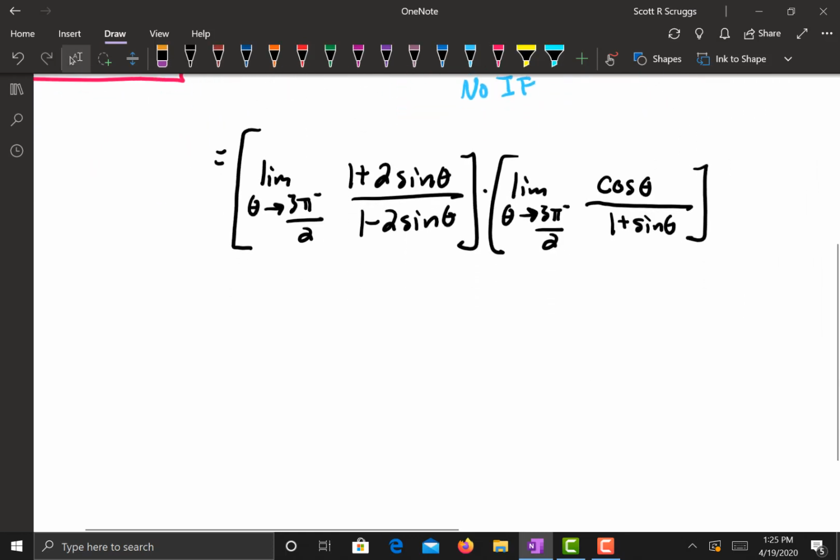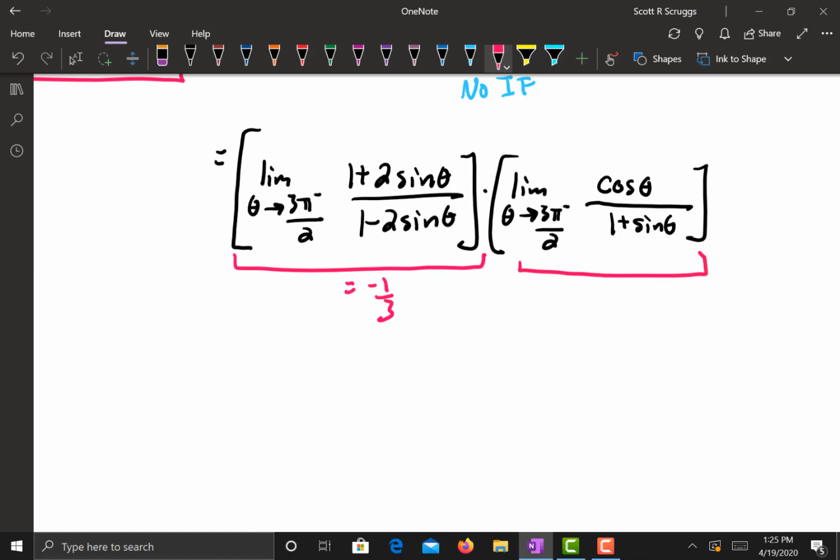Alright, and let's dissect this. If you take the limit of the first term, you'll get negative 1/3. If you attempt to take the limit of cosine over 1 plus sine, that's going to give you an indeterminate form of type 0 over 0.